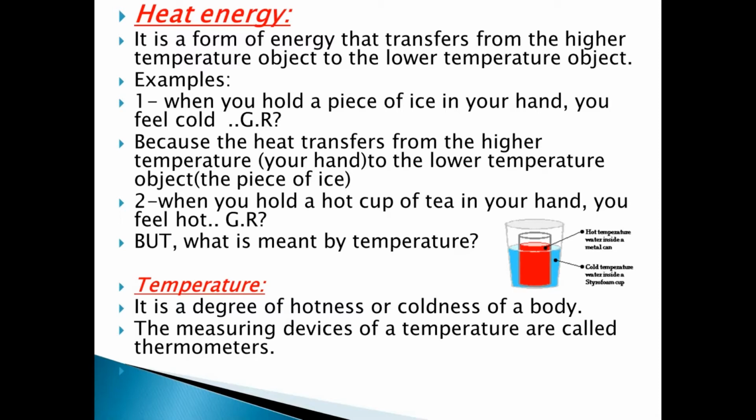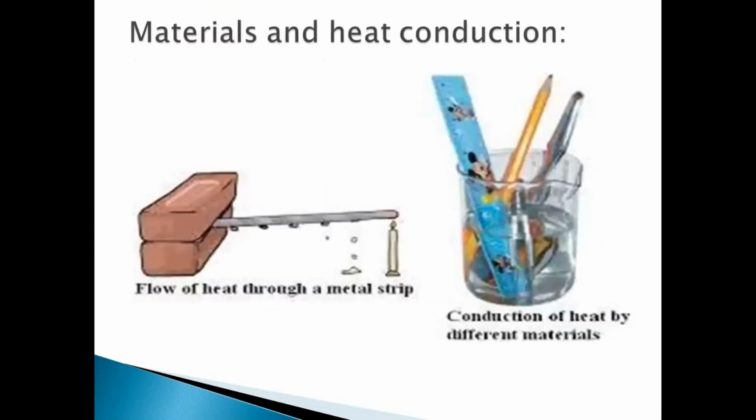That means temperature is a degree, like boiling point, like melting point, that the body reaches when it is hot or cold. The device for measuring temperature is called a thermometer. So heat is a form of energy, and temperature is the degree of hotness or coldness.